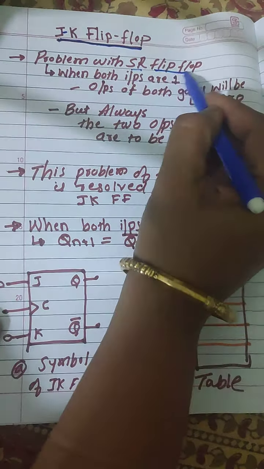The SR inputs are decided based on Q and Q bar as well, because they are fed back to the AND gates where J and K are connected. So J, K, Q, and Q bar all together decide S and R. Now first let us consider when J is equal to 0 and K is equal to 0, and let us assume first that Q is 0.